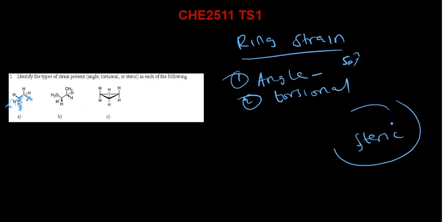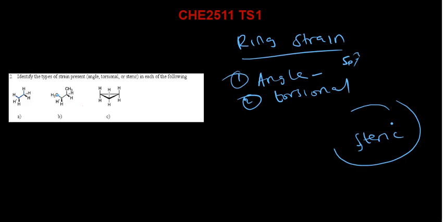are aligned together. Do we have steric strain? No, because we do not have bulky groups on this carbon and this carbon. So size matters when it comes to steric strain, and hydrogen atoms are just too small and they rarely cause any significant steric strain.